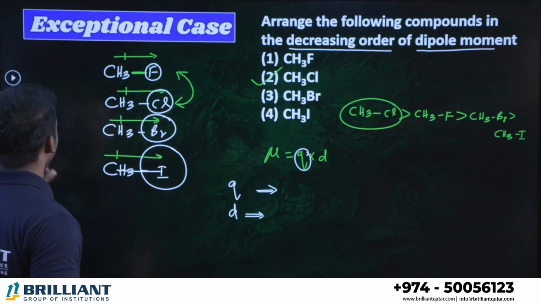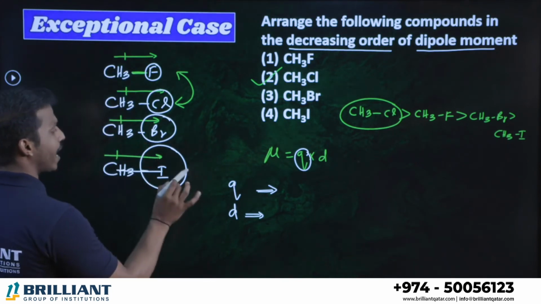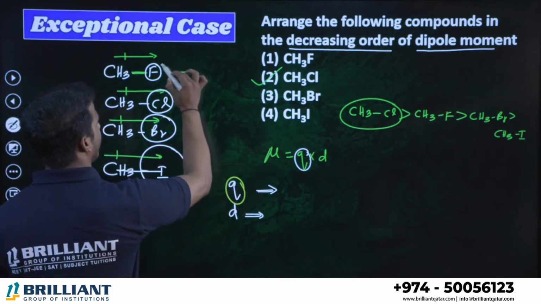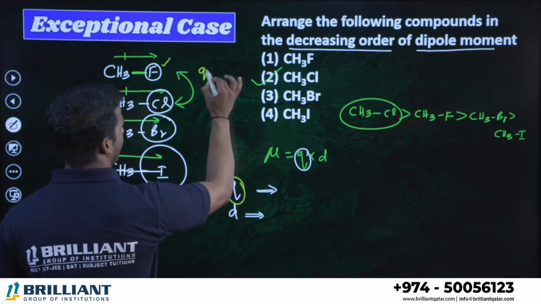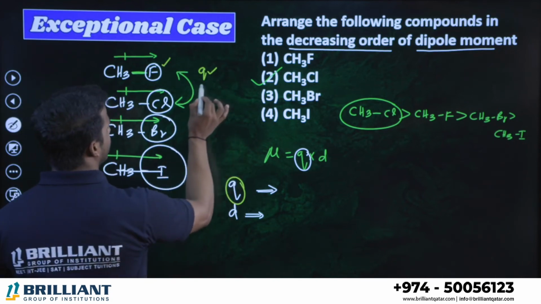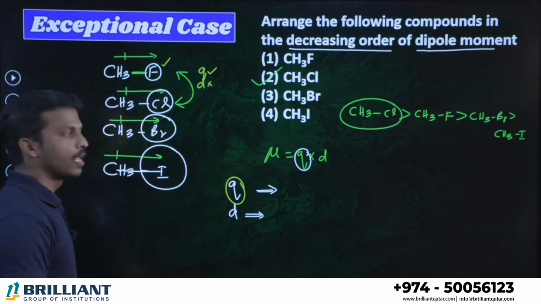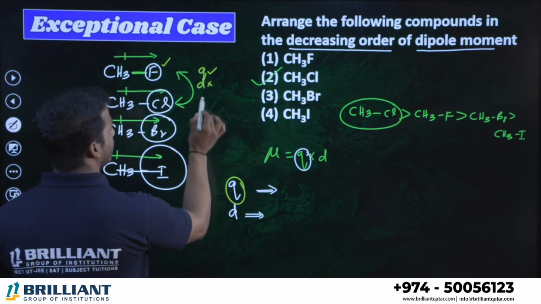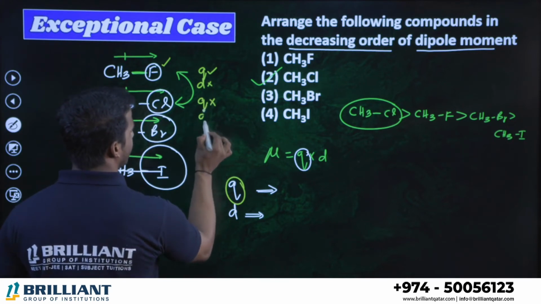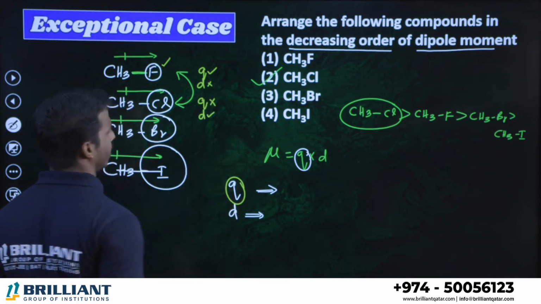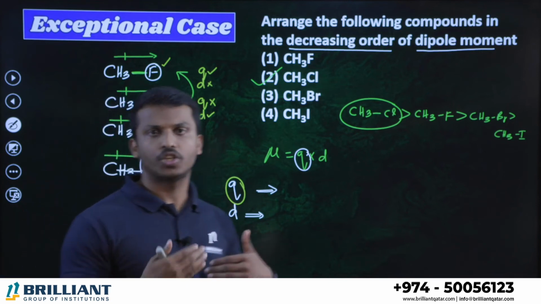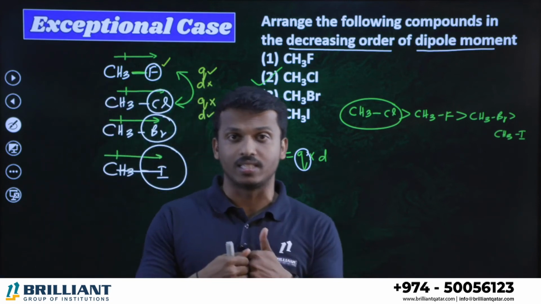And why? This is actually an experimental determination. When you consider charge as a factor, we know that fluorine has the greater charge, right? But its size is a little smaller. When you come to chlorine, its charge is a little less, but its internuclear distance is a little greater. So there is a very big competition between CH3F and CH3Cl.